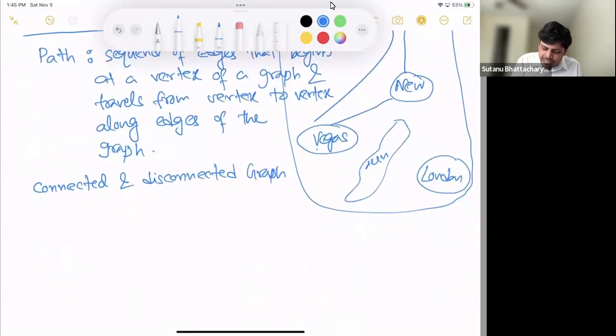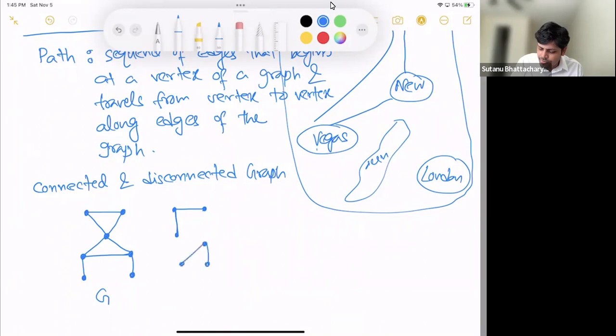So we can take one example. This is one graph. These dots are vertices. Suppose this is graph G. Another graph, this whole thing is also a graph.